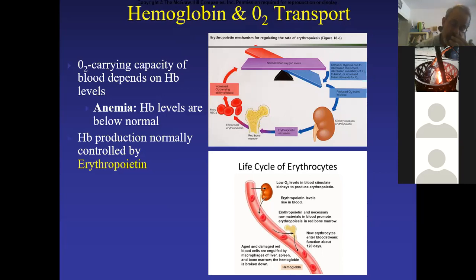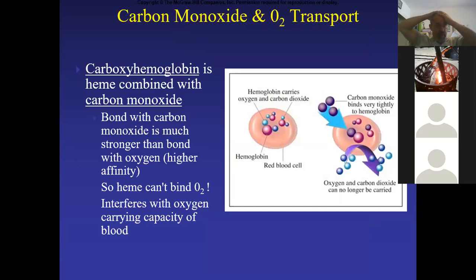So, and very important, for people who are anemic, erythropoietin can be used as a treatment to help with that. All right. So hemoglobin transports oxygen. Unfortunately, hemoglobin also transports carbon monoxide.